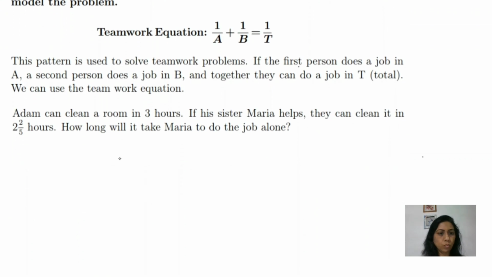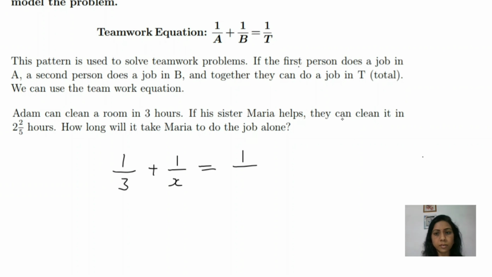So 1 upon the first person A, Adam, can take 3 hours, A value 3. B, his sister Maria, we don't know. We have to find out how long it will take Maria to do the job alone. We don't know, so we can write any variable x. And 1 upon T.